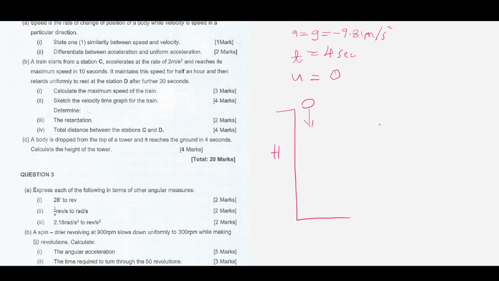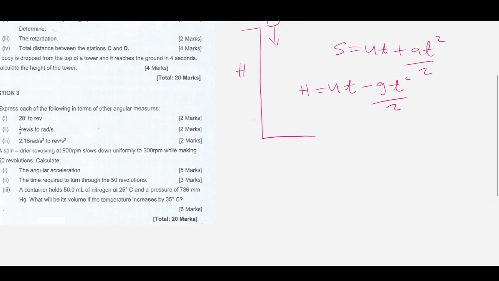So the equation for distance is ut plus at squared over 2. Now here we know that s is h, so h is equal to ut, and a is negative g, so minus gt squared over 2. This is the equation that we are going to use.